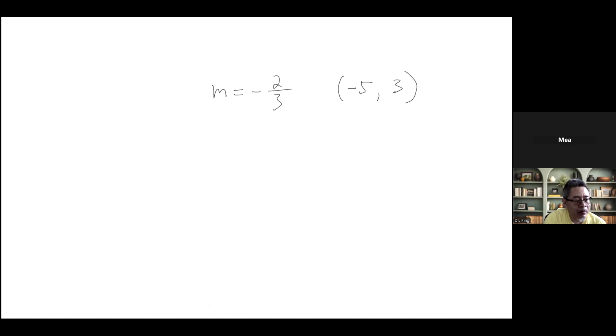Not sure which one is which. Okay, the first is the x coordinate. This is the y coordinate. So it's actually y minus 3 equals -2/3. That's very good. Then x minus -5. If x minus -5, that gives us -2/3 times x plus 5. Good?